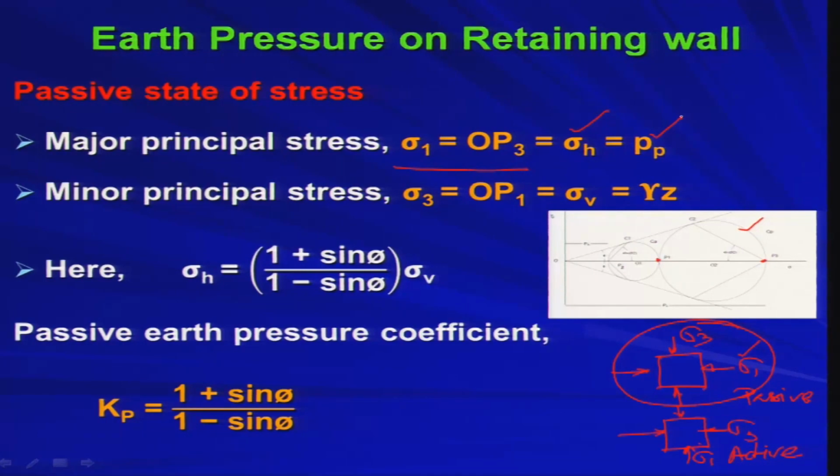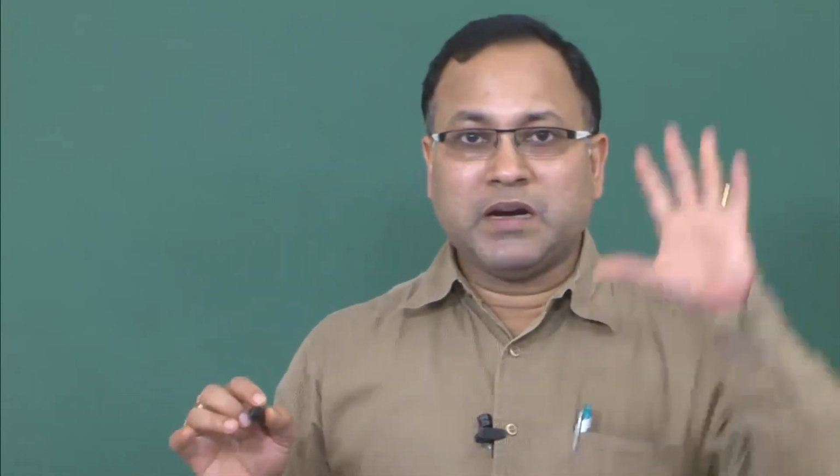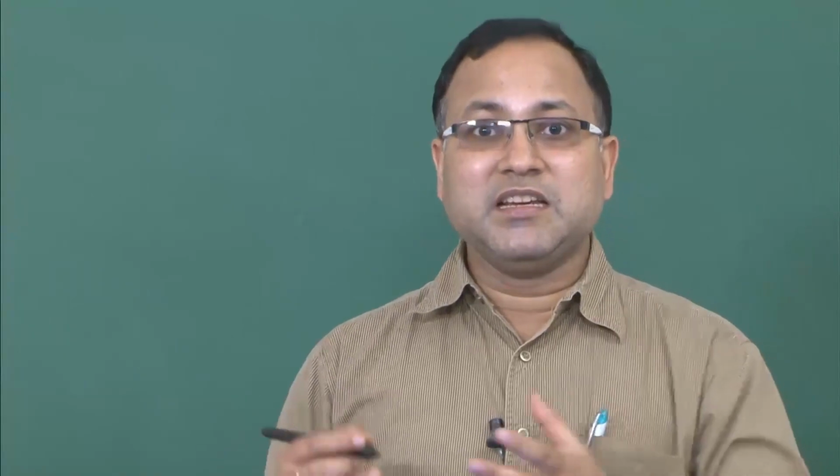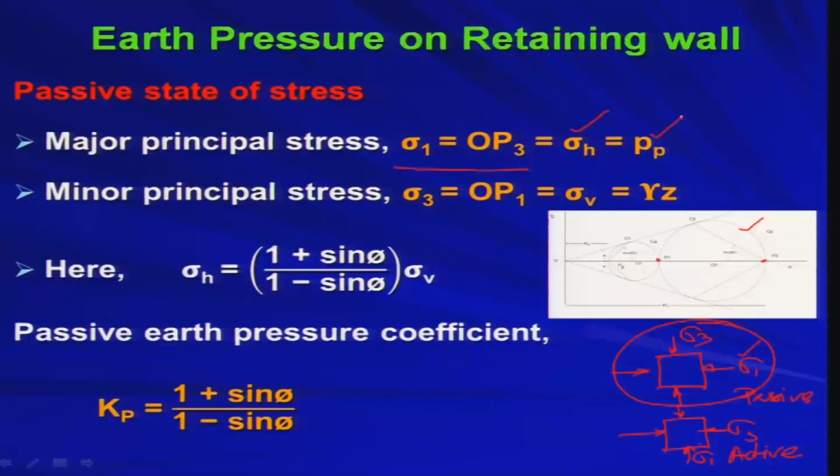So, what I mean to say is that for sigma 1, I do not know the magnitude of PP. I know the vertical stress only, which is eventually sigma 3 in case of the passive state. So, the minor principal stress is sigma 3, that is OP1, which was constant for active as well as for passive, and that is nothing but sigma v, which is equal to gamma into z. So, I have got sigma 1, I have got sigma 3.